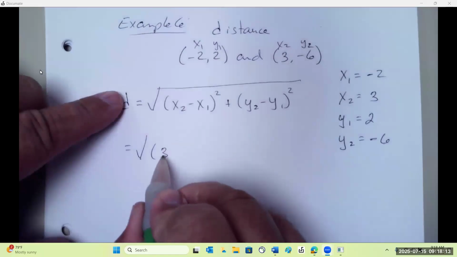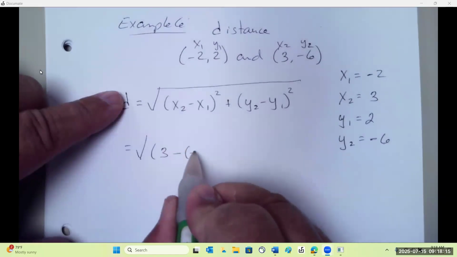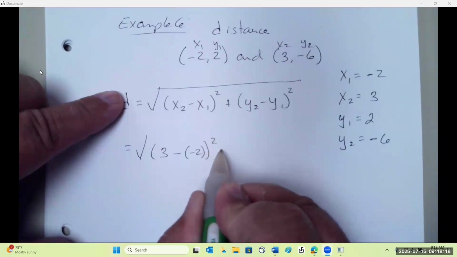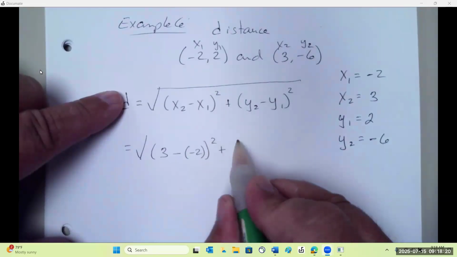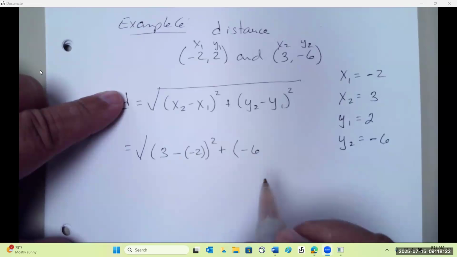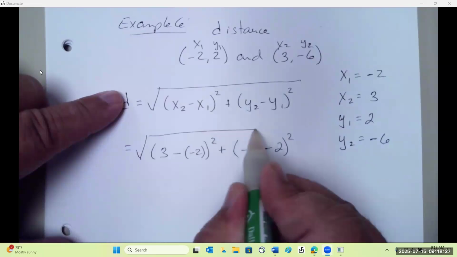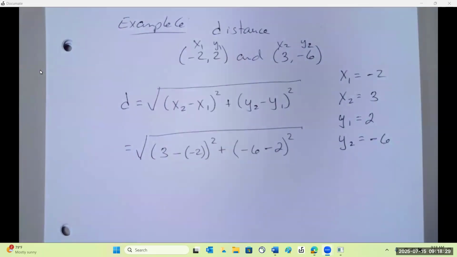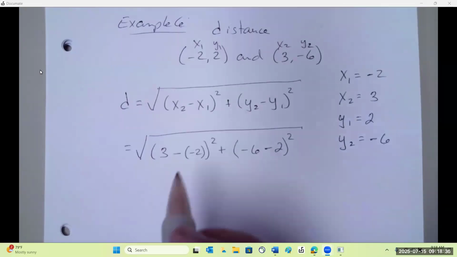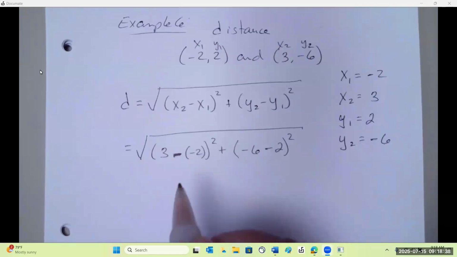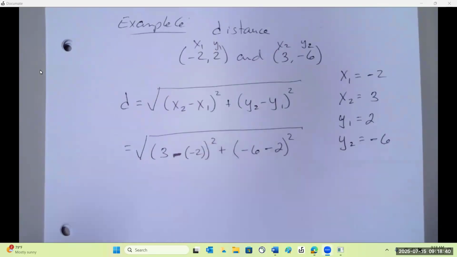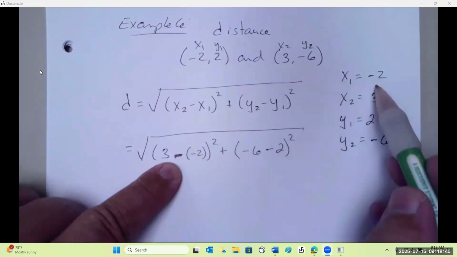X2 is 3 minus a -2. Y2 is -6 minus 2. Whenever you substitute something after a minus sign, you put that number in parentheses, because that minus sign is not the same as that minus sign.